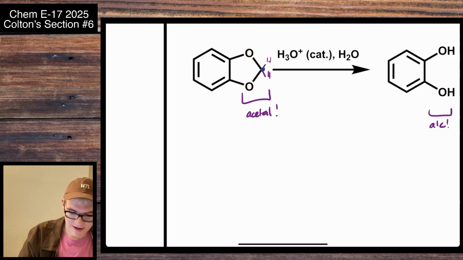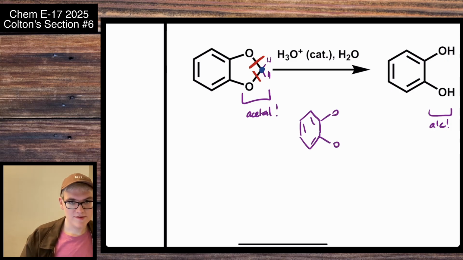Then, after I locate that, I cut the bonds between the oxygens and the carbon. So that's going to give us this on one side, and the other side I'm going to draw in those 2 hydrogens just to help us, because otherwise it looks a little weird.